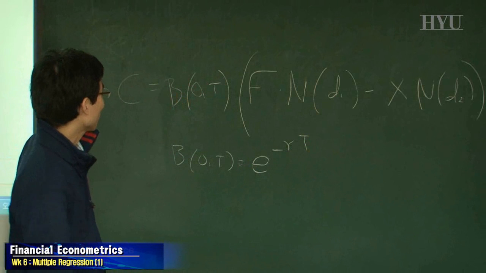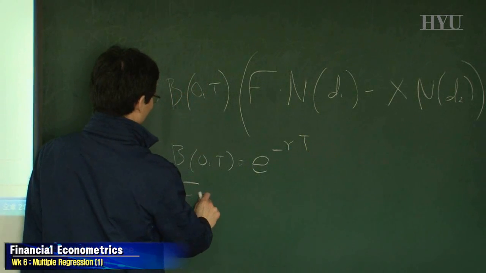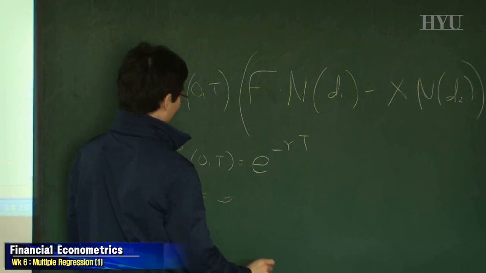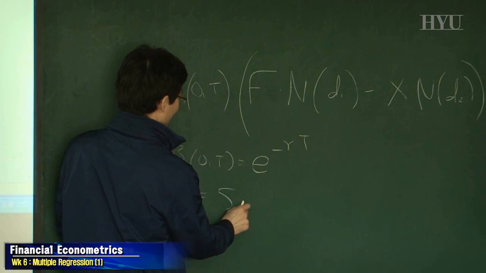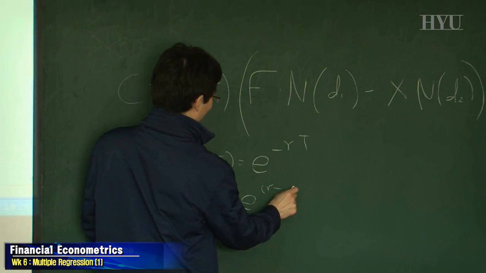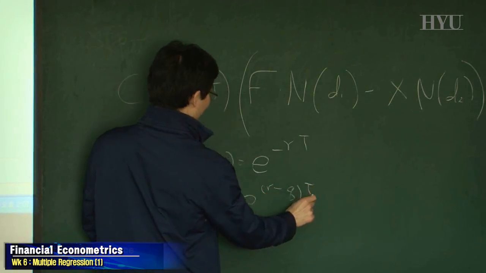F is the forward price, so F looks like S e^((r minus q)T), where q is the dividend rate.